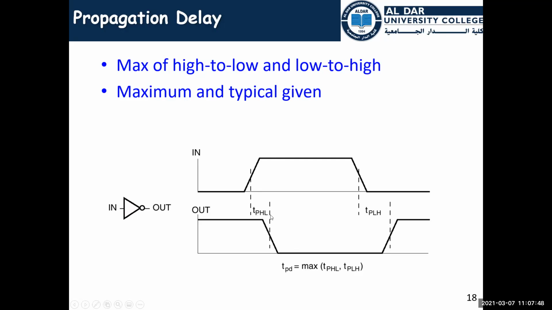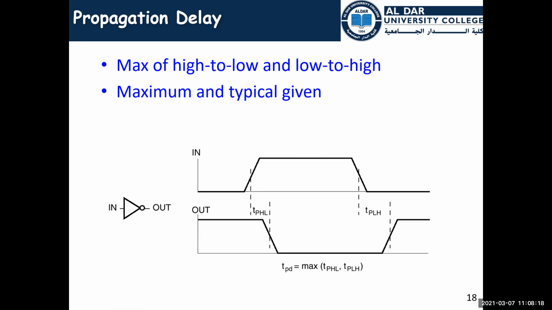This is the delay time, or the propagation time. Then we start to see the out on the out terminal. Here also, when the in goes down from high to low, the out will not move from low to high immediately, but it will wait for another time.